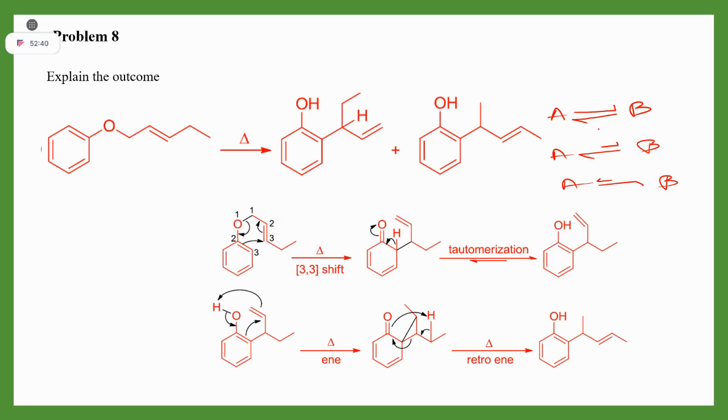These arrows suggest that A and B forms are interconvertible. When the equilibrium arrows are of the same size, it means the stability of A and B is comparable, similar. When the arrow is more towards the A side, it means A is more stable than B. When the arrow is more towards B, it means B is more stable than A. Here, among these two systems, this system is more stable due to aromaticity.